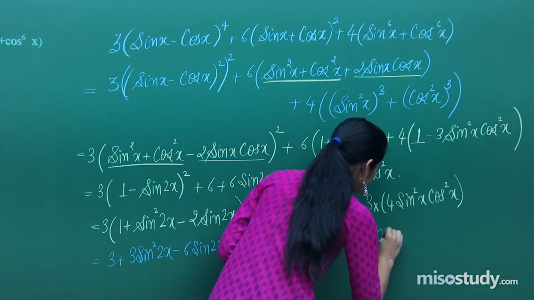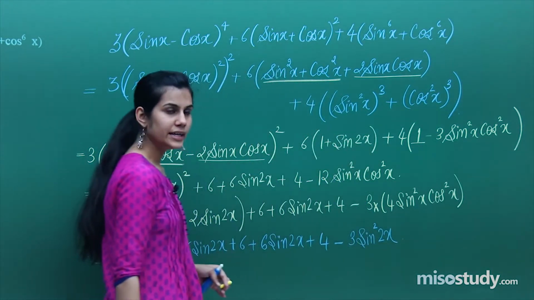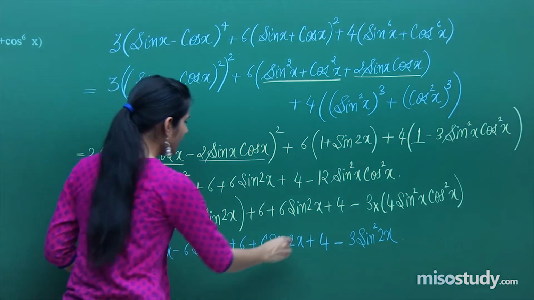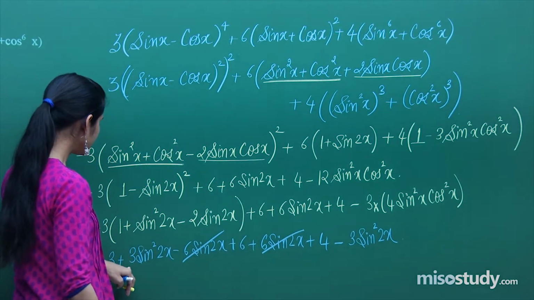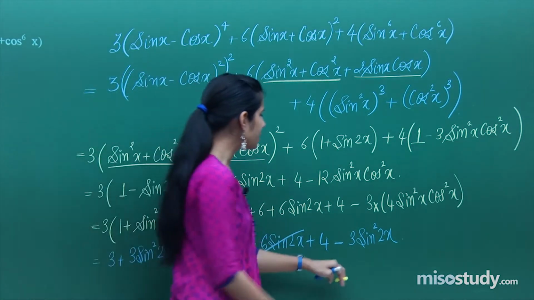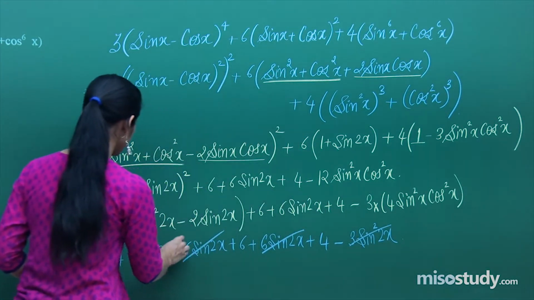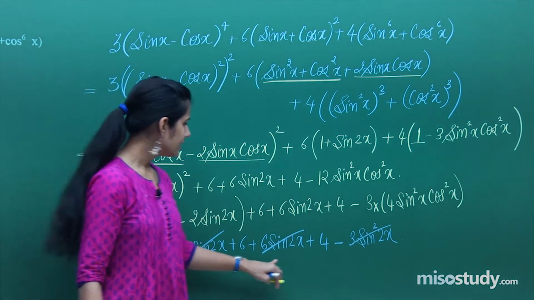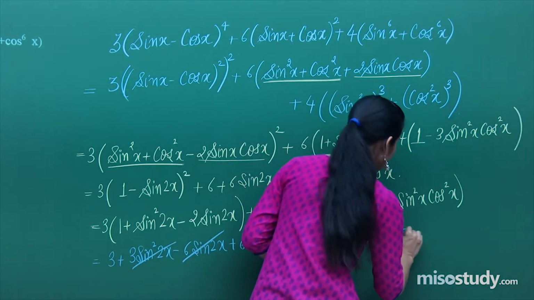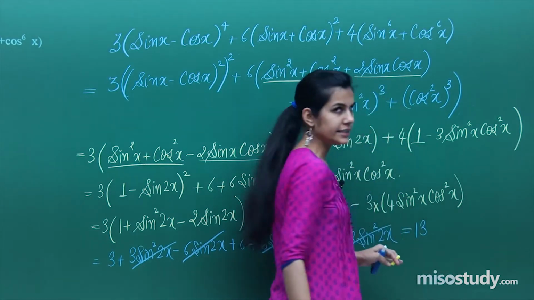Fine. Now see, here you have plus 6 sin 2x, this is minus 6 sin 2x. Then this is plus 3 sin square 2x minus 3 sin square 2x. You have 3 plus 6, that's 9, 9 plus 4, that is 13.